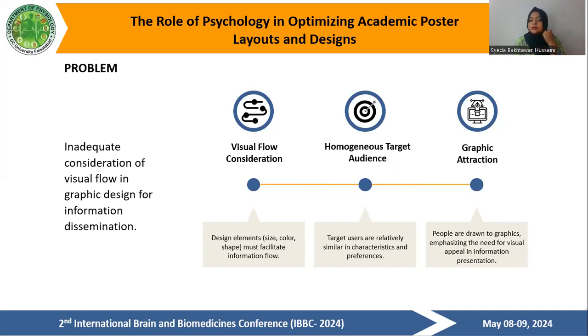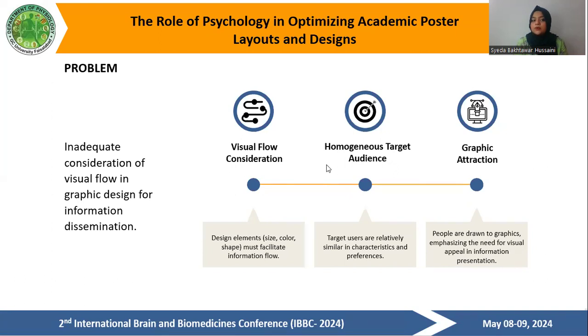This means the target users are relatively similar in characteristics and preferences; there is no vast audience for a specific poster. The third is graphic attraction, which means people are drawn to graphics, emphasizing the need for visual appeal in information presentation.